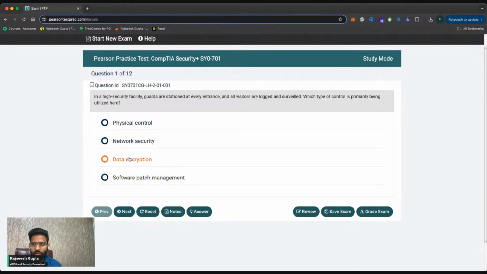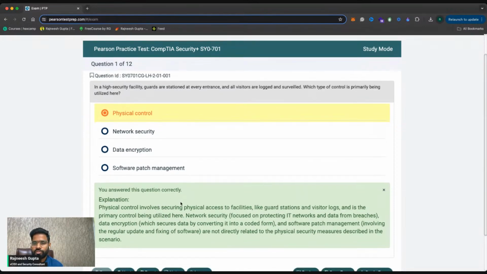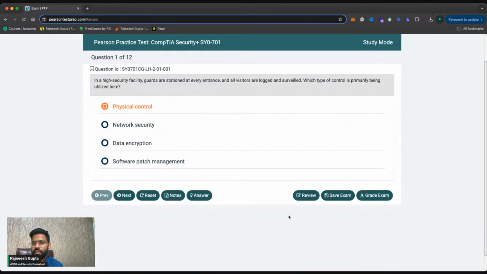Network security is again logical. What is left is physical control. Is that clear? Let me check the answer. Perfect, can you see this? Physical controls. Good job, guys. Good job, Omkar, Abhinav, brilliant, Oiza, brilliant. Let's move to the next question.